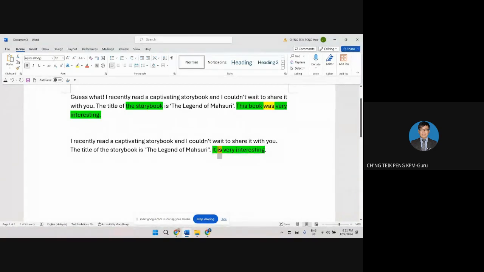Understand, Chang Kun? So if you, yeah, you may change it to the book is very interesting because you are telling me the fact about the book. Okay, next, let's look at Leanne's answer, yeah?